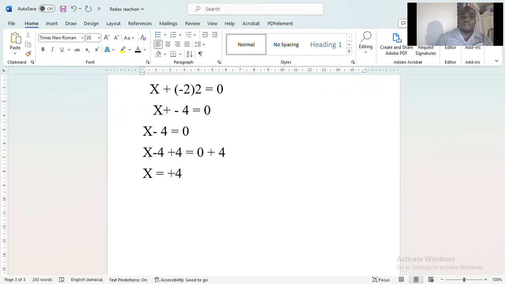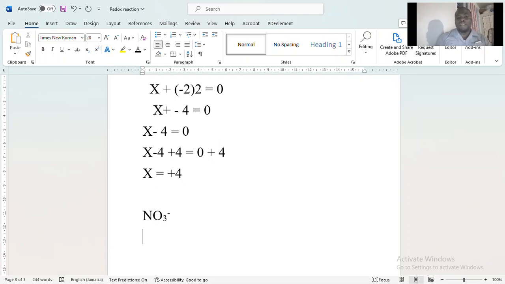Some other things we can apply. We're going to be using this one. So nitrate, the nitrate ion. The nitrate ion is now a polyatomic ion.